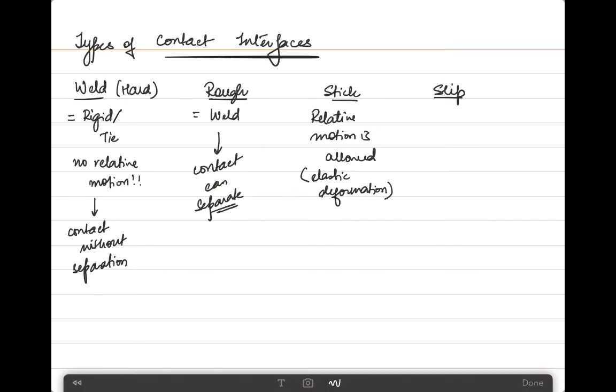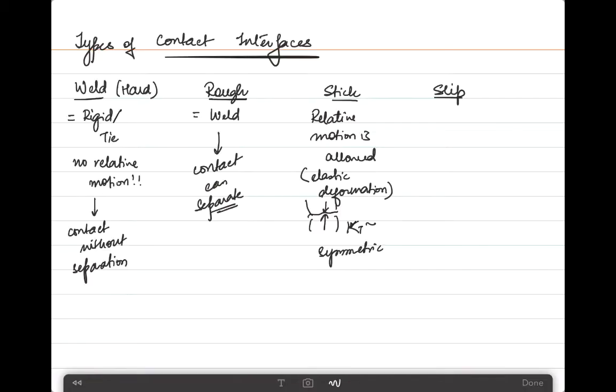In the stick contact, you are only considering normal contact forces between two bodies, and therefore the tangent stiffness is taken to be symmetric. The slip contact, however, is the second one. We've already seen these examples.